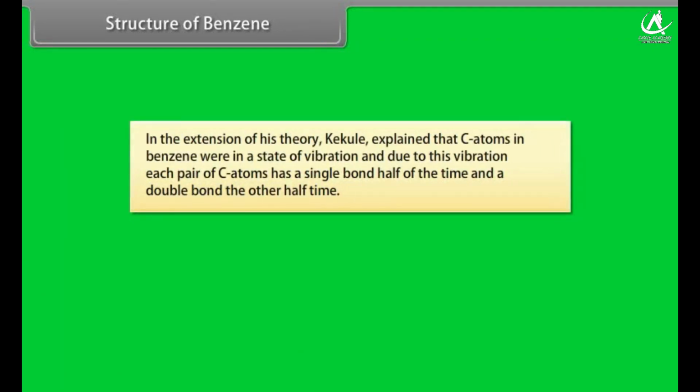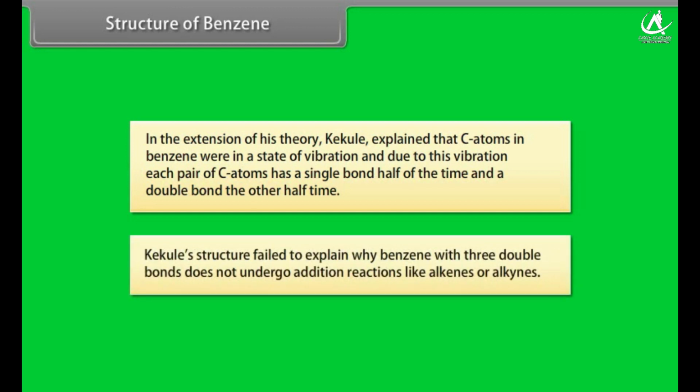Kekule explained that C atoms in benzene were in a state of vibration, and due to this vibration, each pair of C atoms has a single bond half of the time and a double bond the other half of the time. Kekule's structure failed to explain why benzene with 3 double bonds does not undergo addition reactions like alkenes or alkynes.